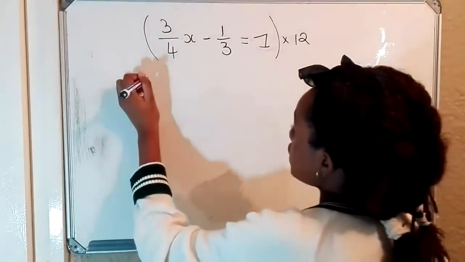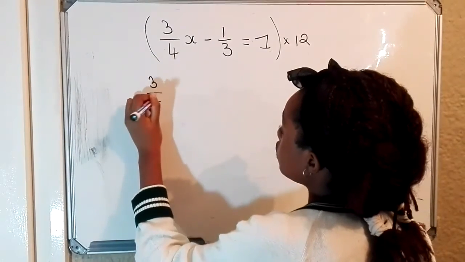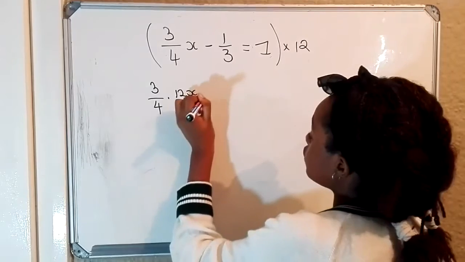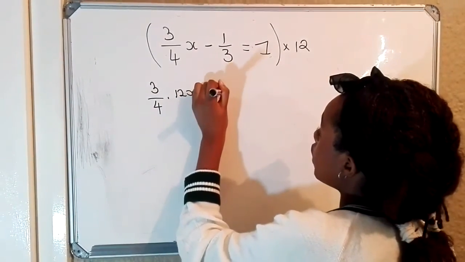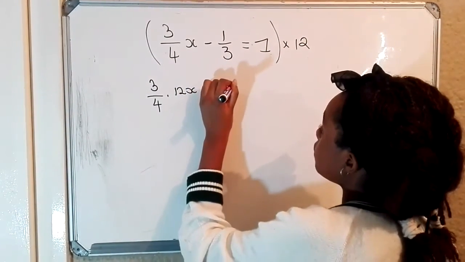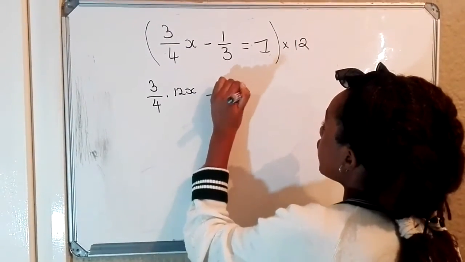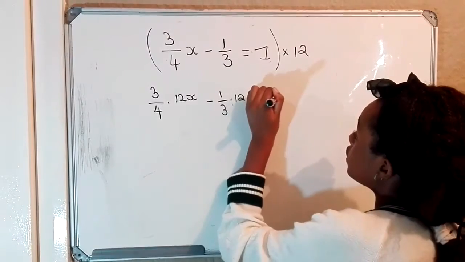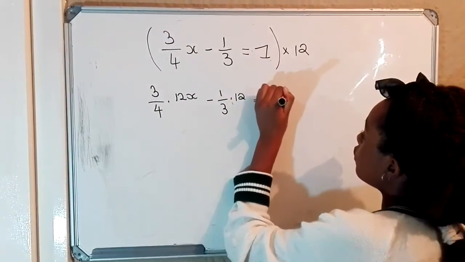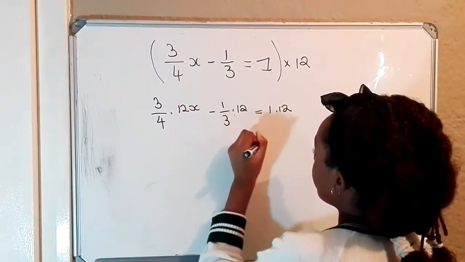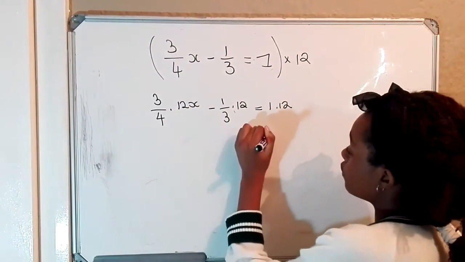So it's basically saying 3/4 times 12x, and over here it's minus 1/3 times 12, and 1 times 12. Okay, so 1 times 12 is just going to be 12.